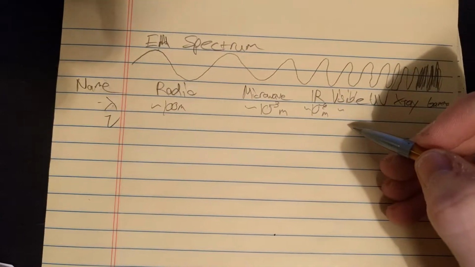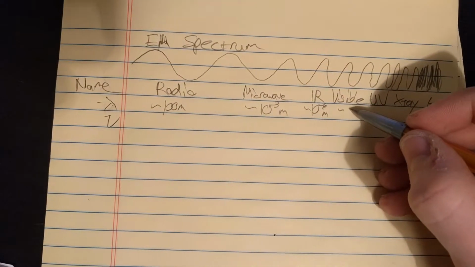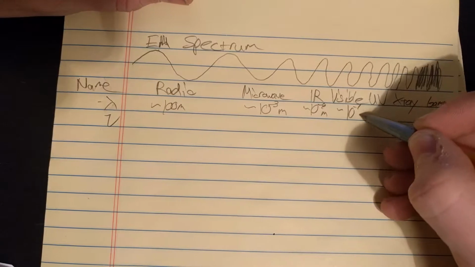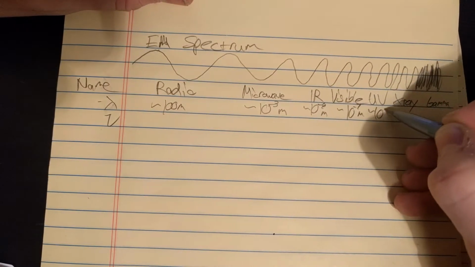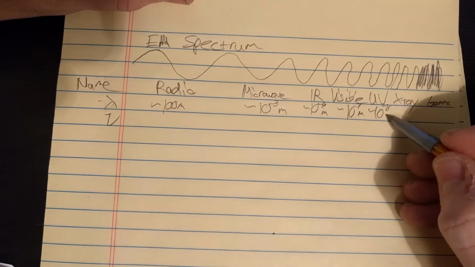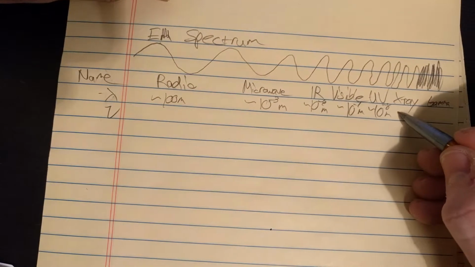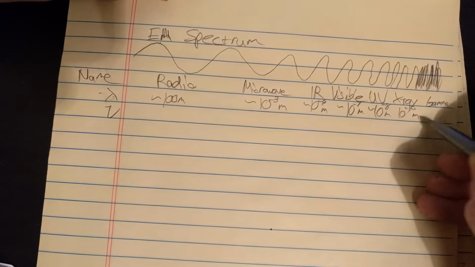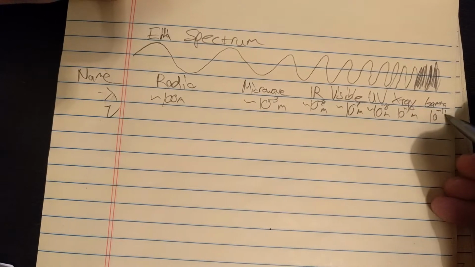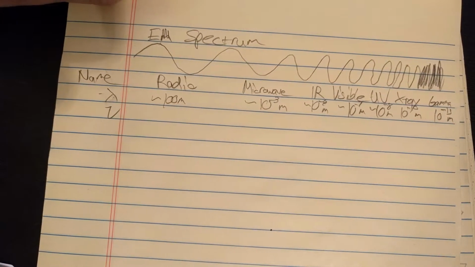Visible is on like hundreds of nanometers, so it'd be 10 to the minus 7 meters. UV is about 10 to the minus 8. X-ray is on the order of angstroms, or 10 to the minus 10 meters. Gamma is very small, let's just say 10 to the negative 15 meters.